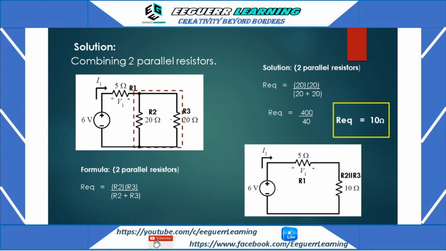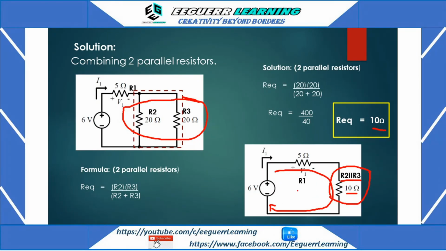Since we combine this R2 and R3, it will be just one circuit having the 10 ohms based from our computation, and that is from the combination of R2 parallel with R3. Okay, so now this is just a one circuit, a series circuit.